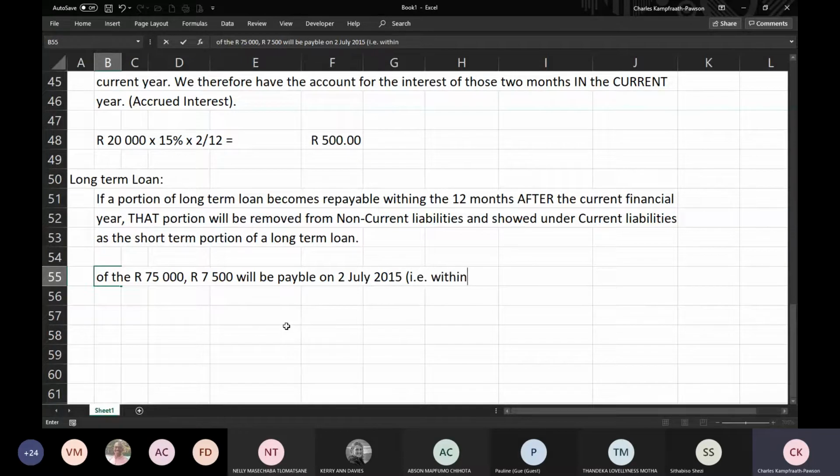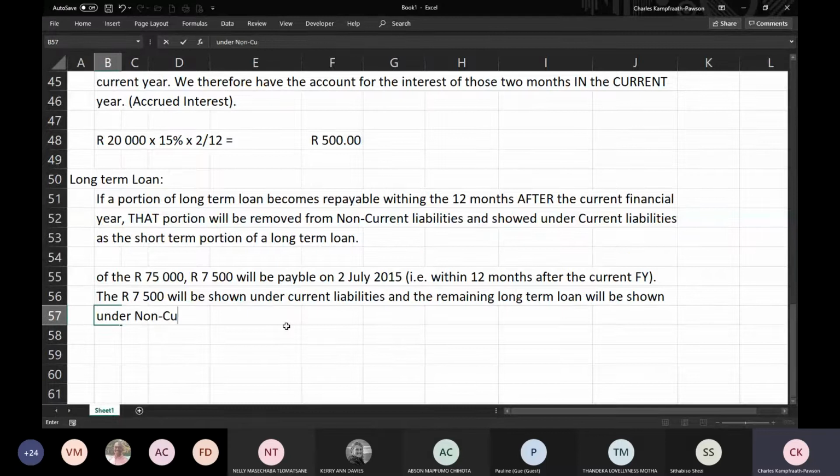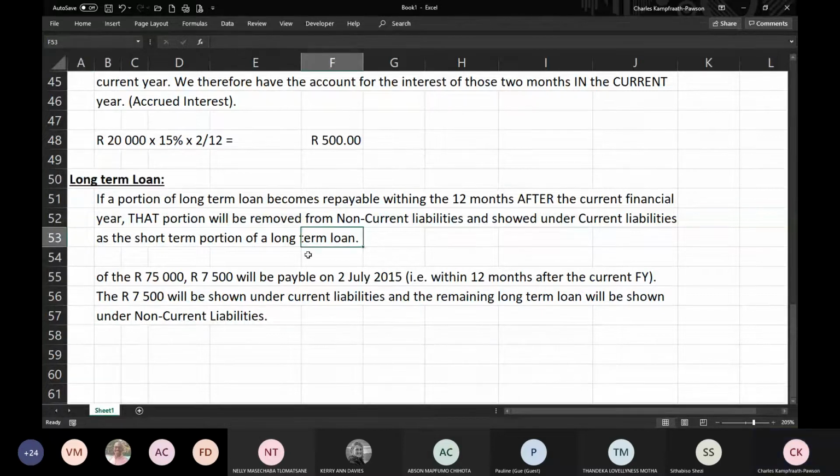So in other words, within 12 months after the current financial year. 7,500 will be shown under current liabilities, and the remaining long-term loan will be shown under non-current liabilities. Okay. Everybody happy?